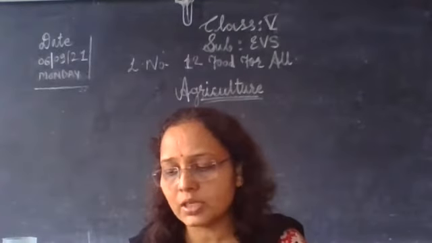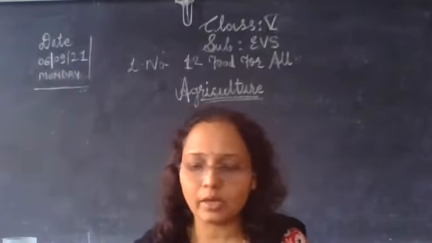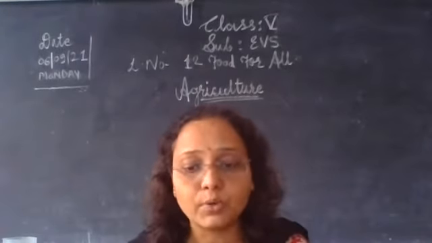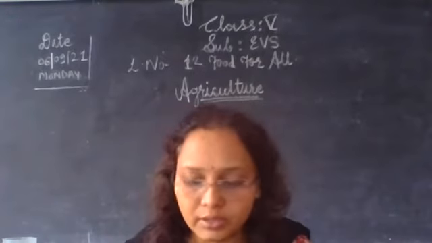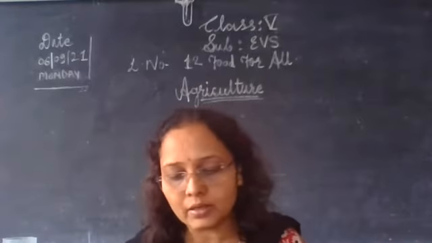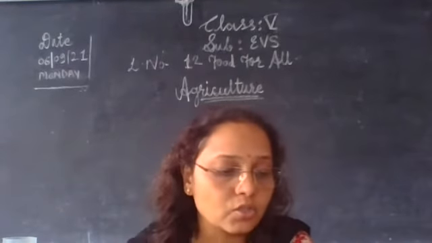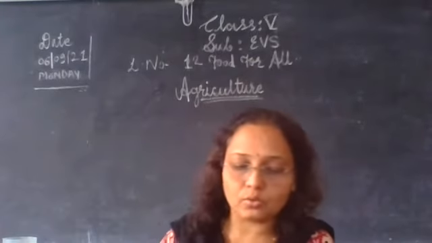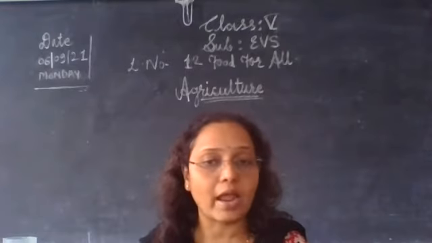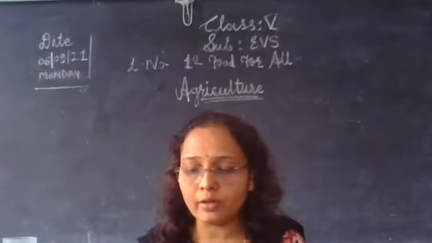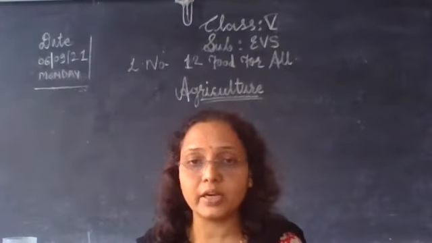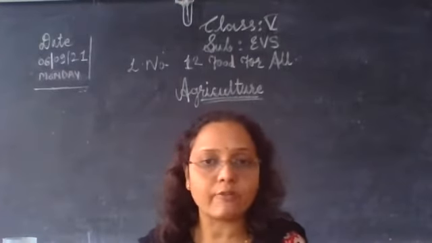So we get all these things from plants and animals. To get these things in sufficient quantities, a large number of plants and animals are needed. So the mass production of plants for food and other purposes is called agriculture. In this lesson we are discussing some agricultural activities related to crops, and various stages of agriculture.